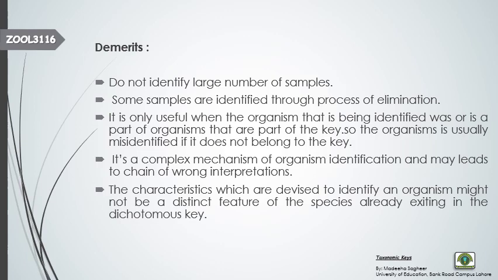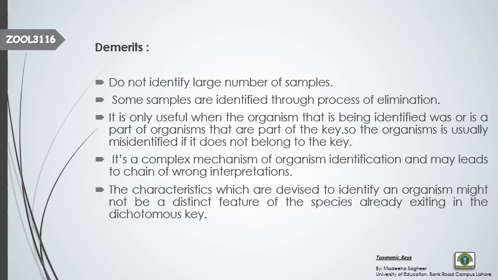First we have to eliminate what does not match the given characteristics, then we have to identify the samples one by one. It is only useful when the organism being identified is part of the organisms that are part of the key. So the organism is usually misidentified if it does not belong to the key.